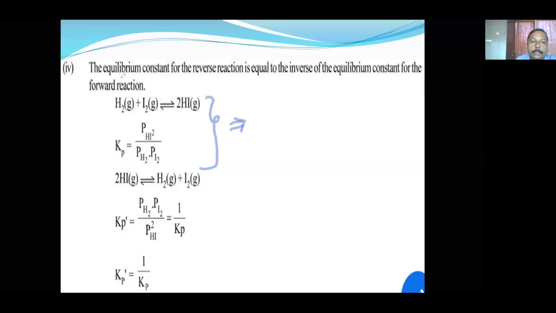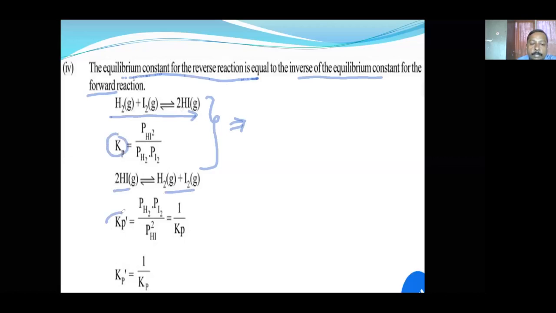So the equilibrium constant for a reverse reaction is equal to the inverse of the equilibrium constant of the forward reaction. Suppose in this direction this is formation of HI, and this is Kp. Here it is dissociation of HI.